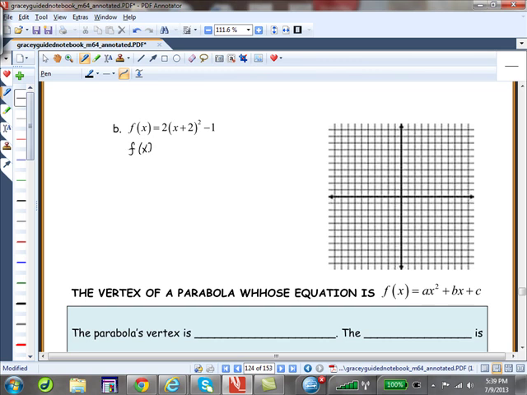This one is equivalent to f of x equals 2 times... Remember that it was x minus something? So if we write x minus negative 2, do you see that that's the same as x plus 2? And then here, plus a negative 1. And that's going to give us, remember, our a is the 2, our h is that negative 2, and our k is the negative 1.